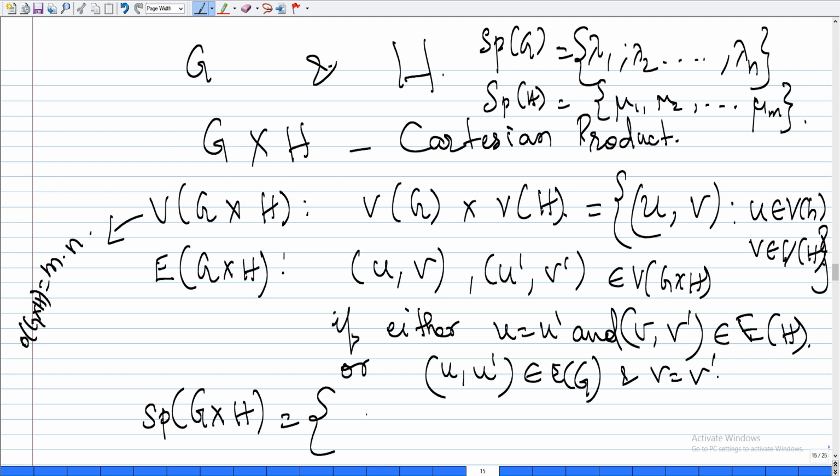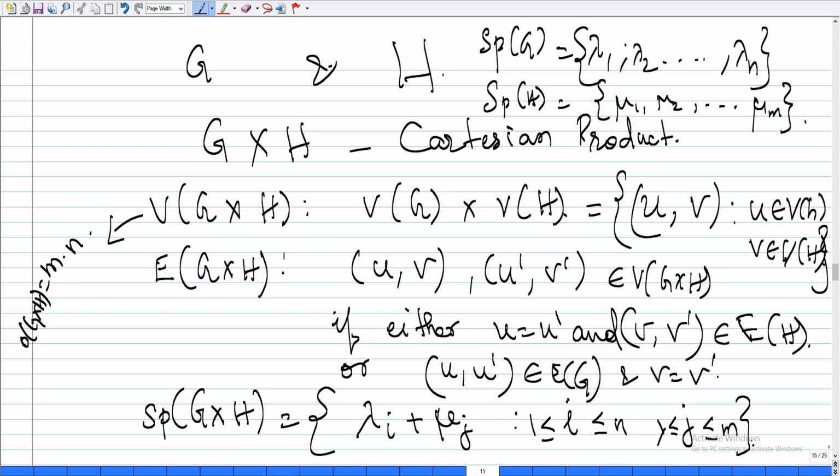The eigenvalues take this very special pattern, where i lies between 1 and n and j lies between 1 and m. It is nothing but all possible sums of the eigenvalues from both sets: lambda 1 plus mu 1, lambda 1 plus mu 2 and so on.